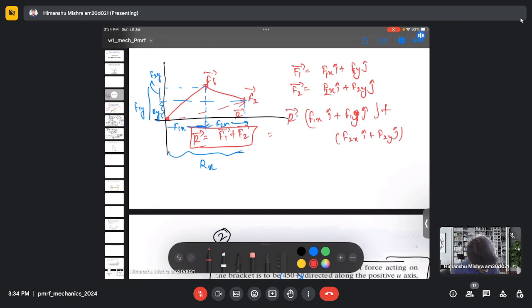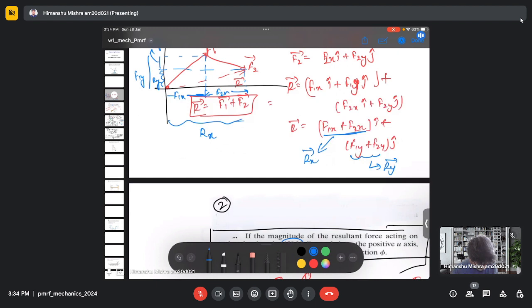So this is our overall resultant. Now you club the x components together, which is F1x plus F2x, the i component, plus F1y plus F2y, the j component. And this one is actually your Rx, and this is actually your Ry.